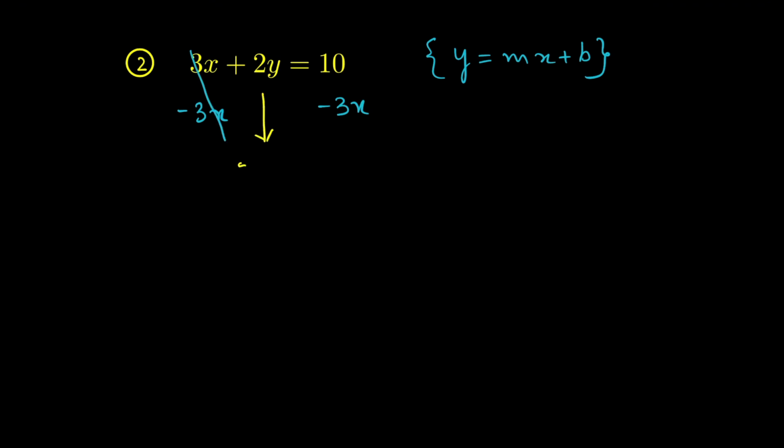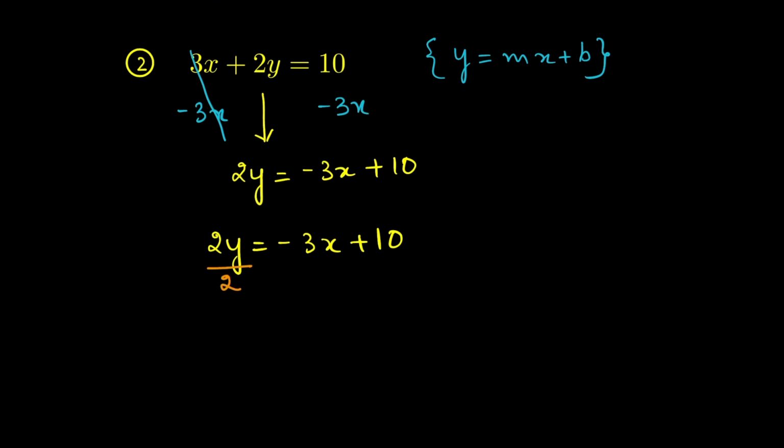So we write 2y equals, here we always write the x term first, so minus 3x, and then plus 10. Now since y has to be isolated, and with y we have 2 multiplied, using the opposite operation we divide all the terms by 2.